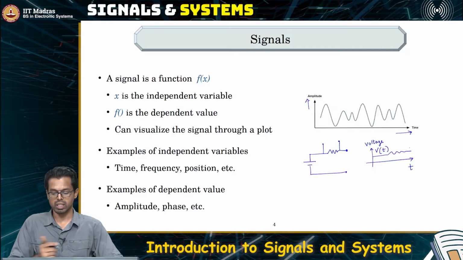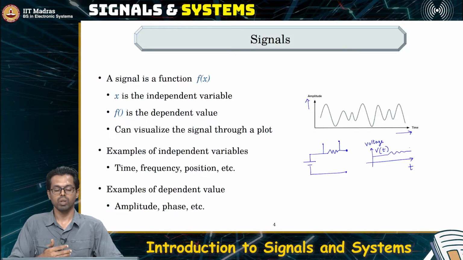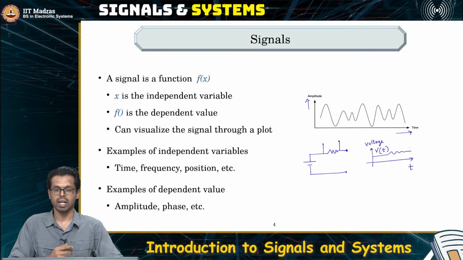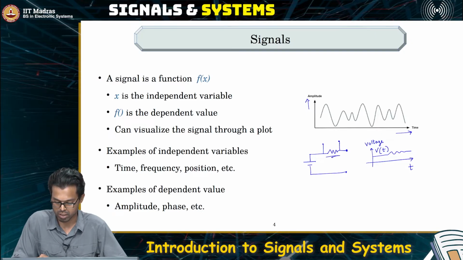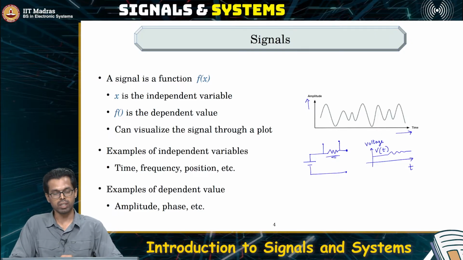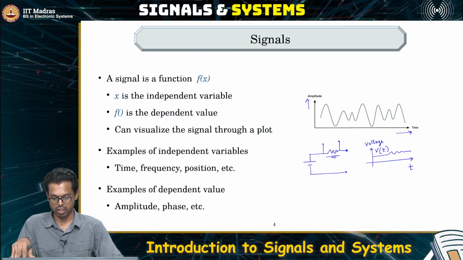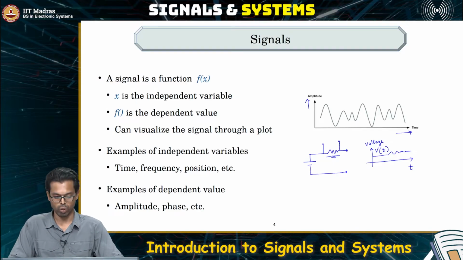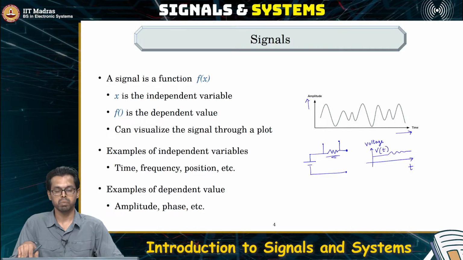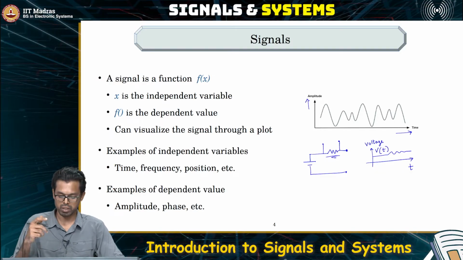So what we have essentially done here is we have visualized a signal, and that signal is the voltage signal across this resistor, and we have plotted that signal as a function of time t, where t is on the x-axis and on the y-axis we have the voltage signal. So the independent variable here is the time and the dependent variable here is the voltage.